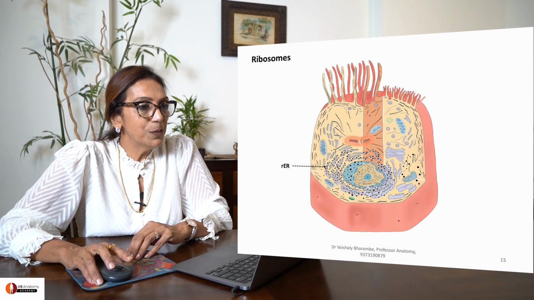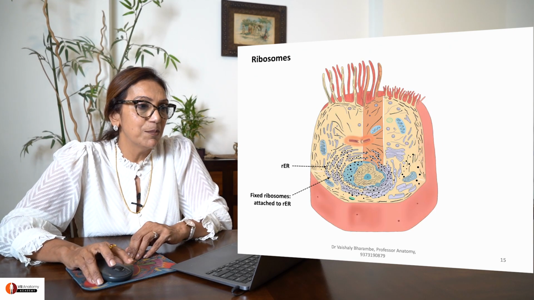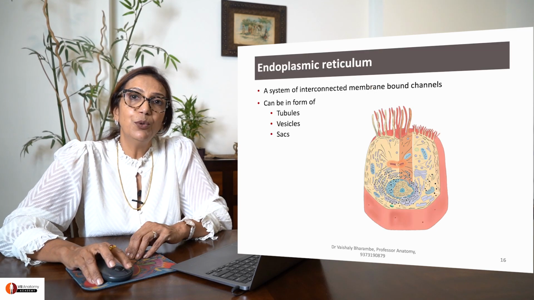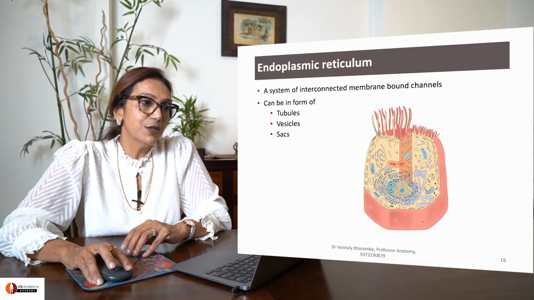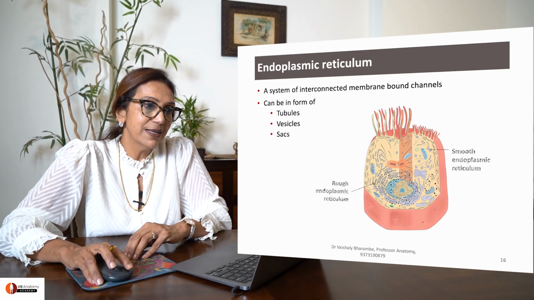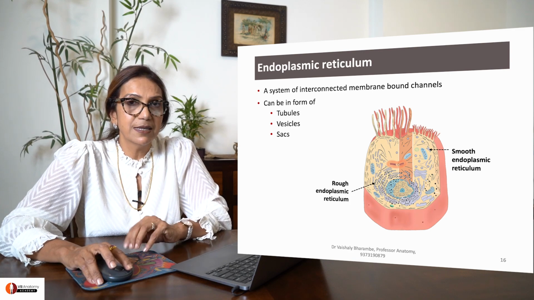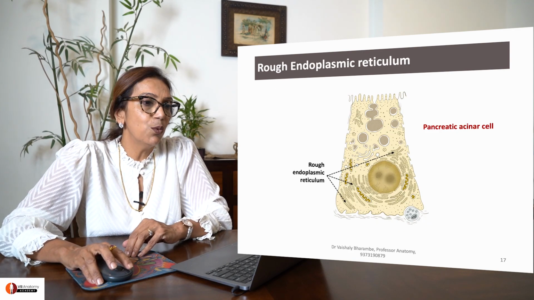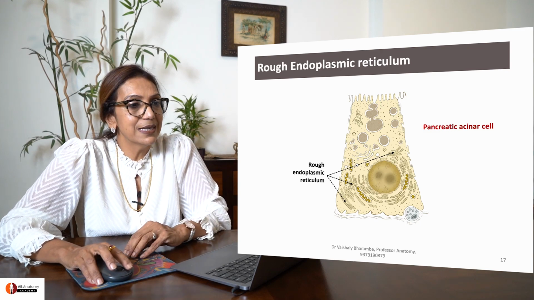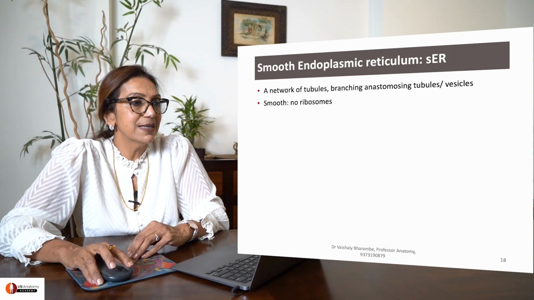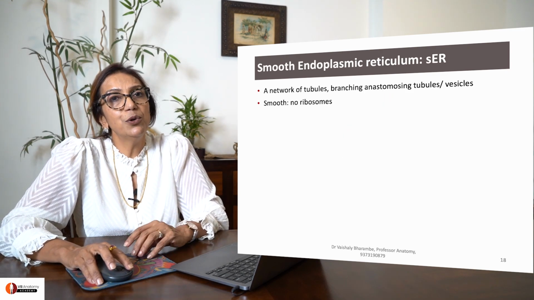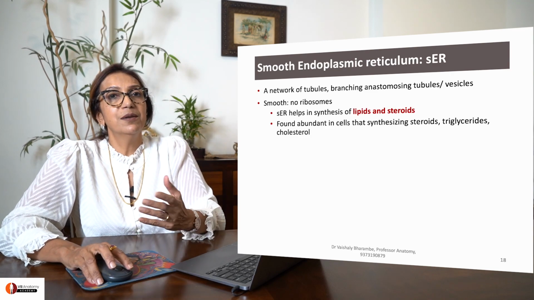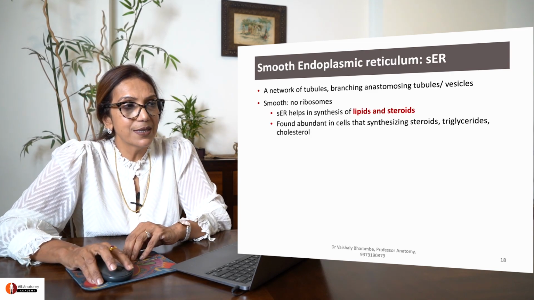Then we'll talk about the protein producers of a cell, the ribosomes, and the endoplasmic reticulum, which is tubules, vesicles, or sacs of two types, rough and smooth. How the rough endoplasmic reticulum is found in high quantities in protein-producing cells such as pancreatic acinar cells, or smooth endoplasmic reticulum found in cells that produce lipids and steroids.